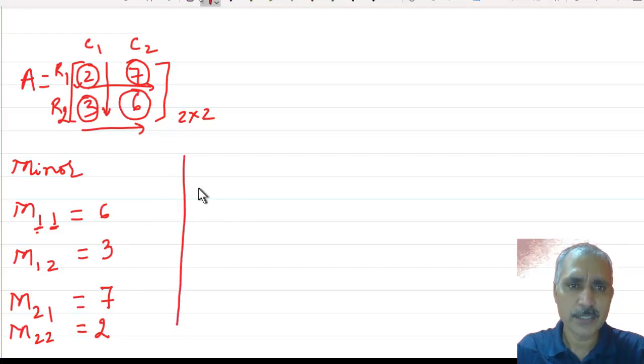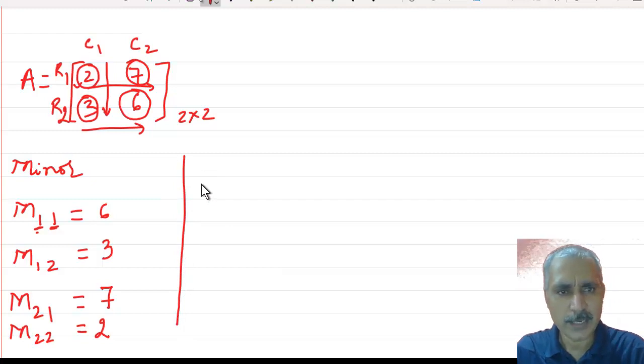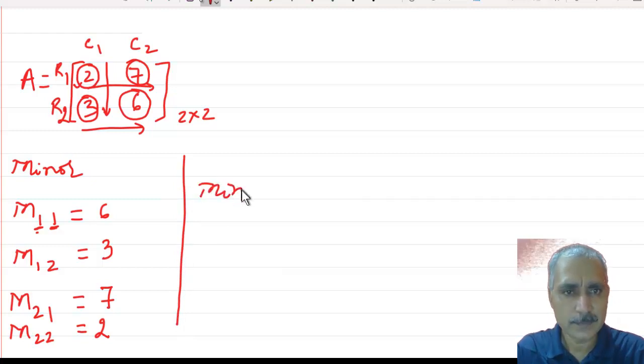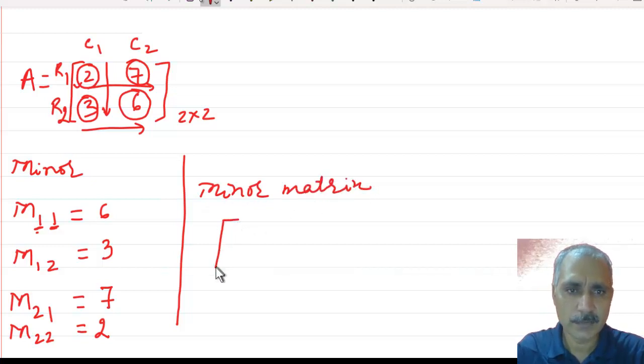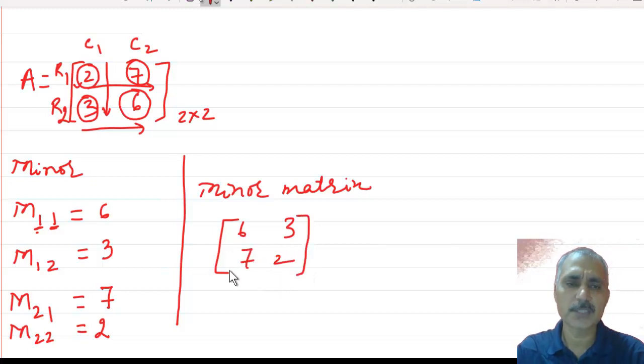If we have to write the minor matrix, then we write that as 6, 3, then 7, 2.